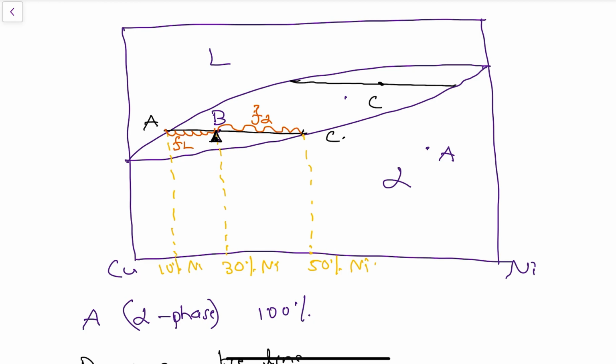The fraction here represents the fraction of alpha, and the fraction here will represent the fraction of liquid. These are the two fractions that are present. Based upon these lengths, let us call it PQR. Based upon this, you can find the fraction of liquid and alpha.